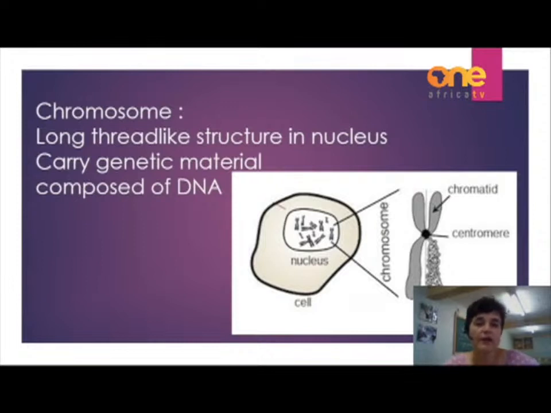A long thread-like structure in the nucleus that carries the genetic material, and it is composed of DNA. So a chromosome is then that long chromatin network that will become shortened, making a short fat structure.